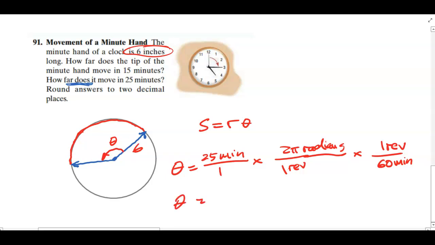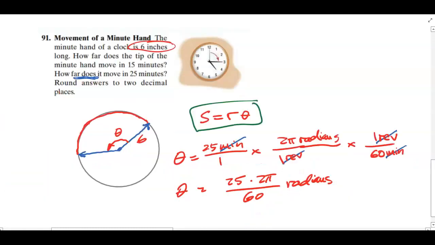Well, I'll just finish it here. So let's see what cancels here. The minutes cancel, the revolutions cancel, and you're just left with radians. So what you get out of this is 25 times 2 pi over 60, and all this is just radians. So we take that, plug it into this formula here.